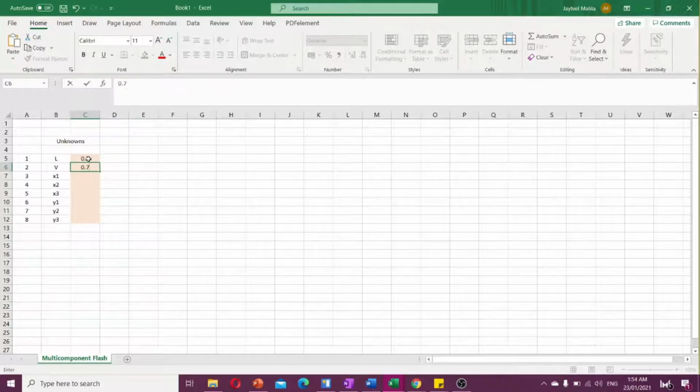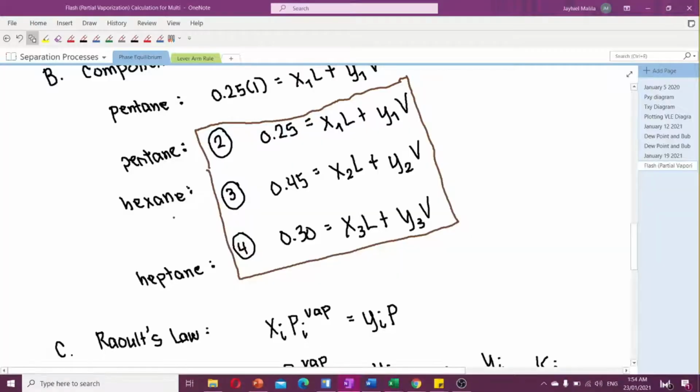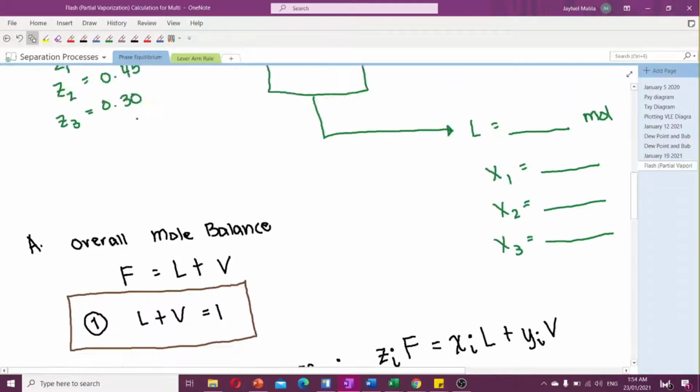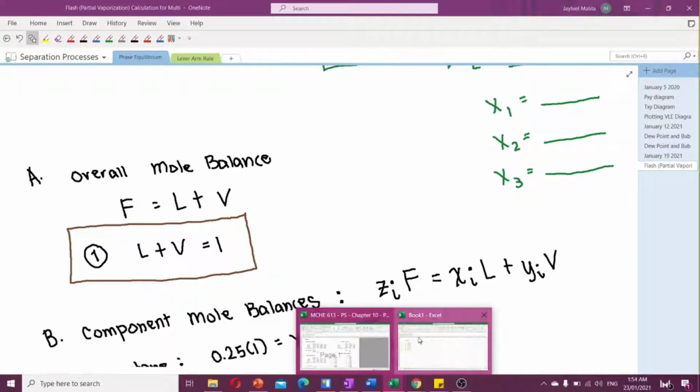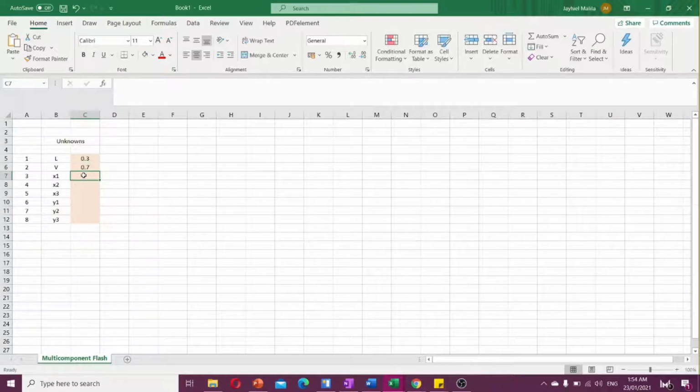My basis for that one is just arbitrary, as long as I know that when I sum up L plus V, it will be equal to the basis of 1, right? Our basis is 1 mole. So if I sum up 0.7 and 0.3 as my dummy values, it should be equal to 1. And then for here, I just need to write dummy values as well: 0.3, 0.5, and 0.2.